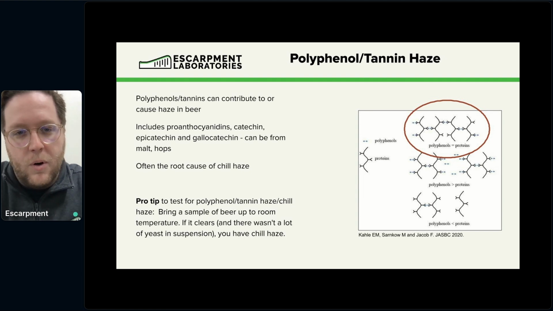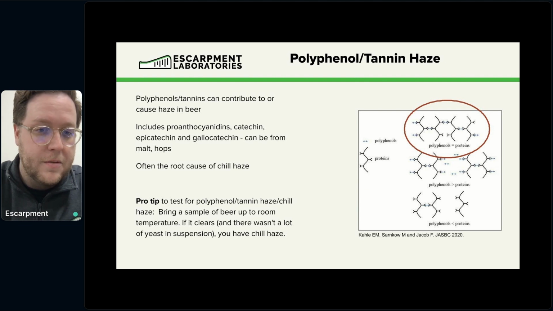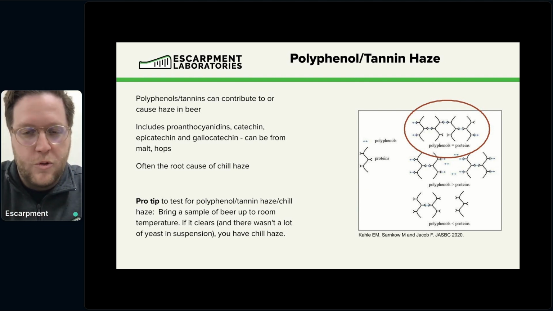These are often more haze forming, haze positive at colder temperatures, which is why they can be a real problem in beer. This includes a bunch of different categories of compounds that come from plants: proanthocyanins, catechin, epicatechin, gallocatechin, all the catechins. And in beer, those are going to come from your malt and hops.